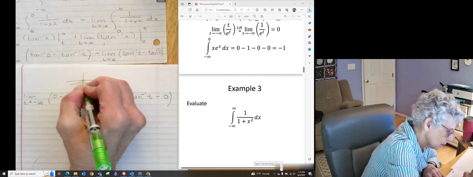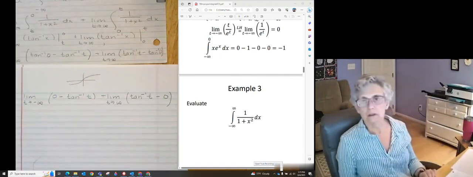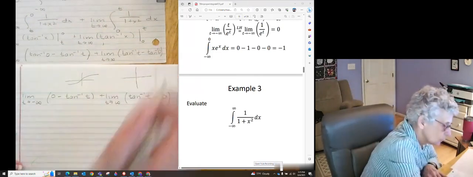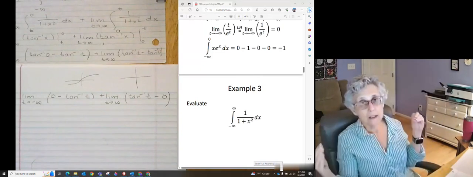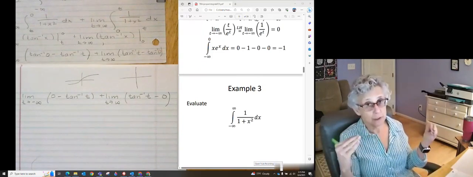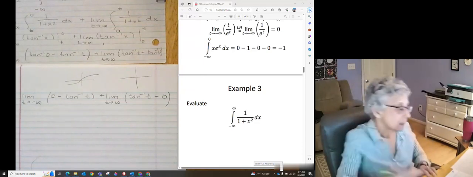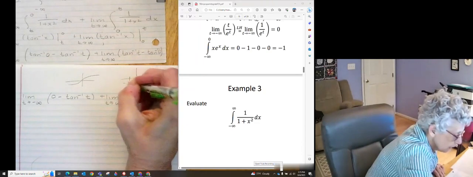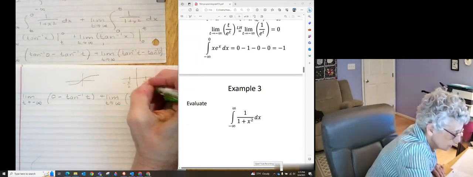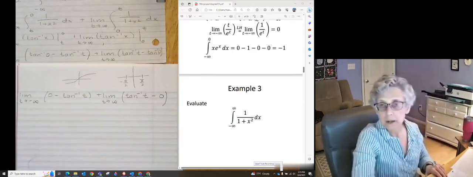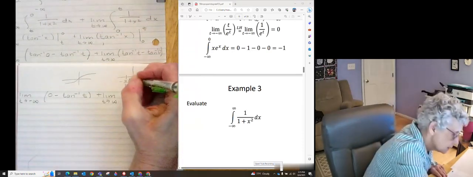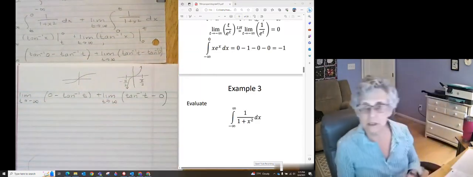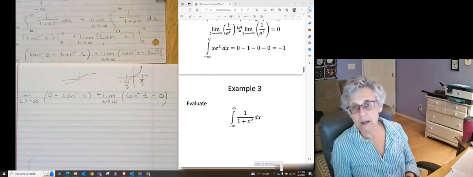Well, it looks like that. Because remember, in order for tangent to have an inverse, we have to limit its domain to go from negative pi halves to pi halves, and tangent has vertical asymptotes at negative pi halves and pi halves.